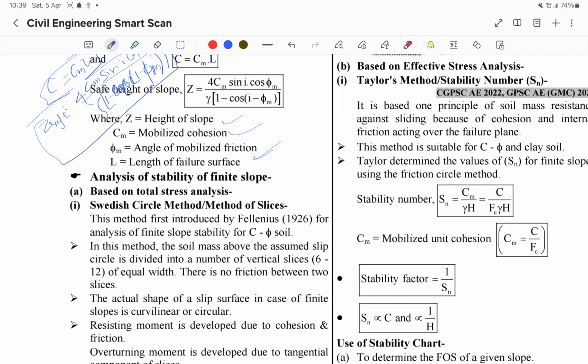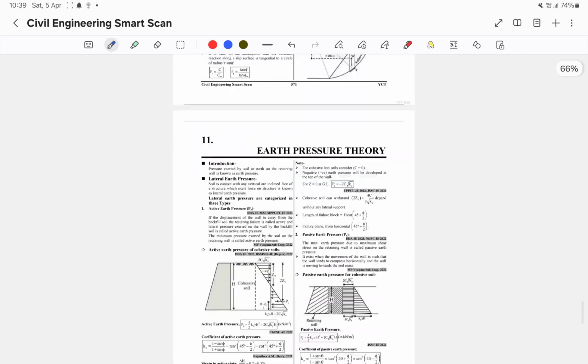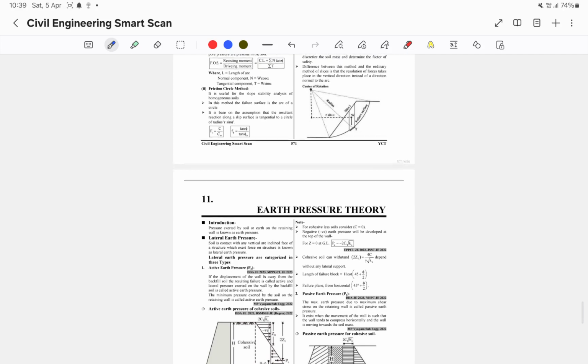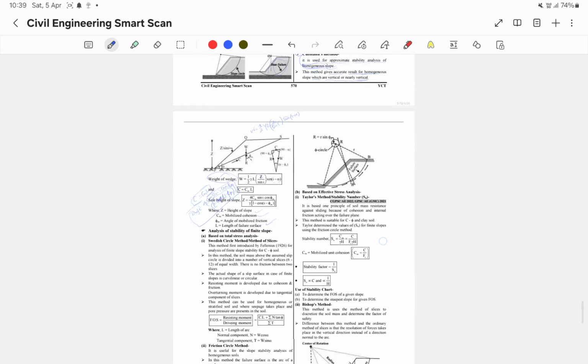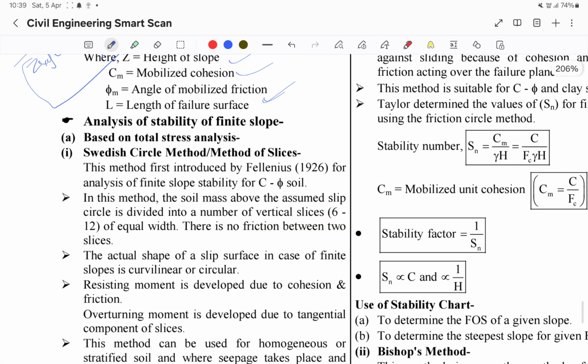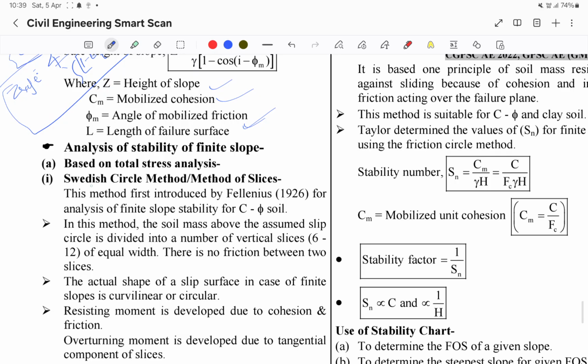Analysis of the stability of finite slope, based on total stress analysis: Swedish circle method, method of slips, method of slices.